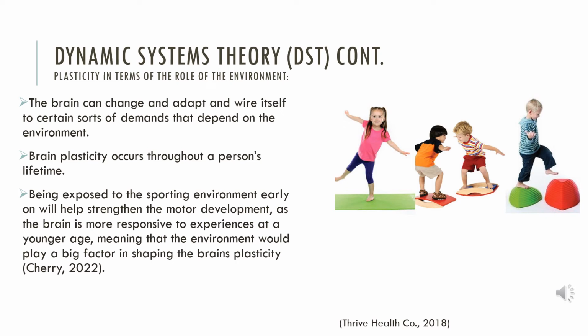However, the brain tends to change a great deal during the early years of life. Therefore, being exposed to the sporting environment early on will help gain and strengthen the motor development, as the brain is more responsive to experiences at a younger age, meaning that the environment would play a big factor in shaping the brain's plasticity.